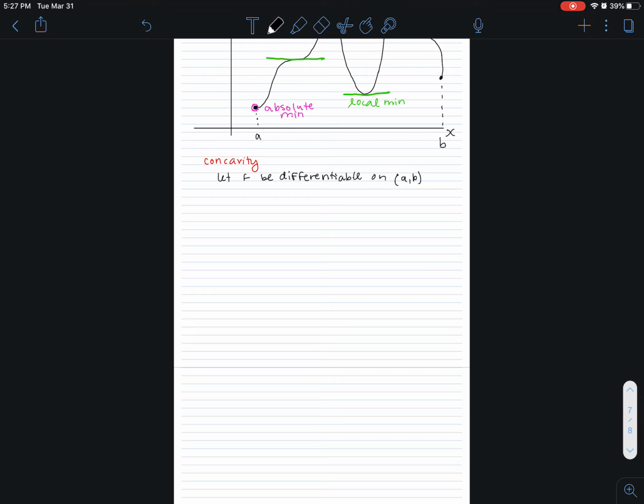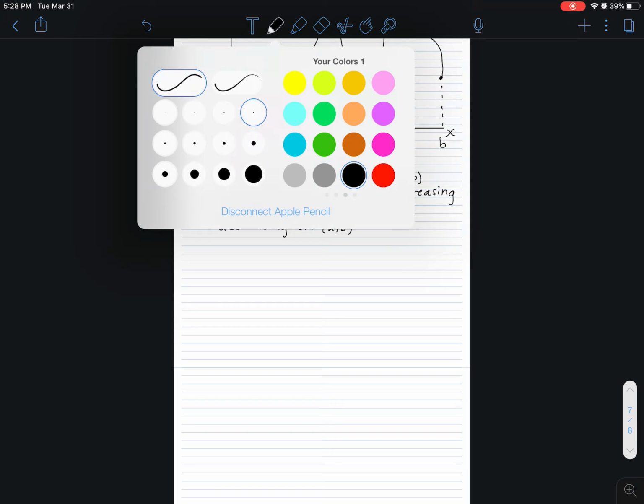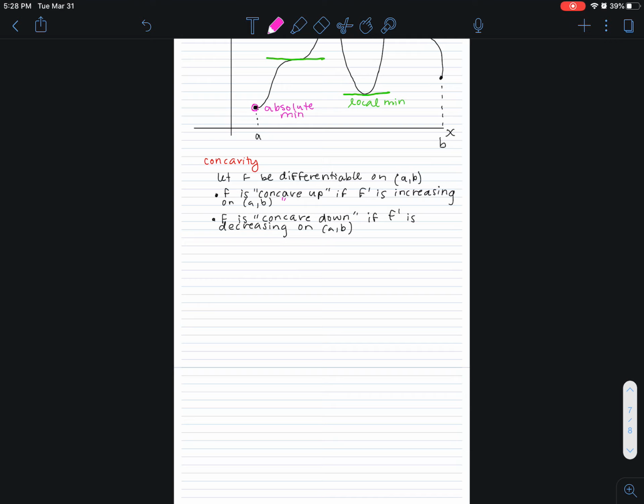Then we're going to define f as concave up if the derivative is increasing on A to B. And we'll describe f as concave down if f prime, the derivative, is decreasing on A to B. So a way that can help you guys remember this is, my calculus teacher actually taught it to me.